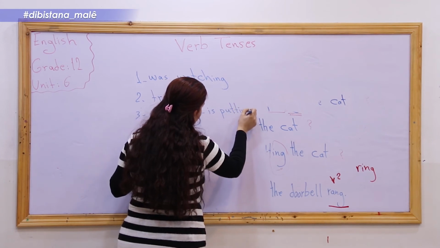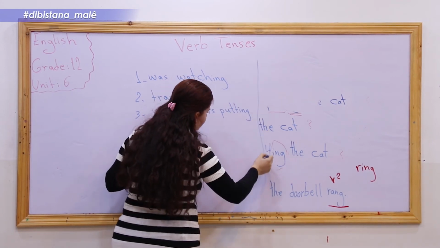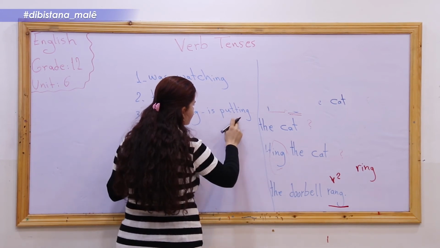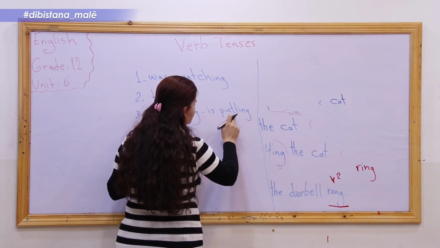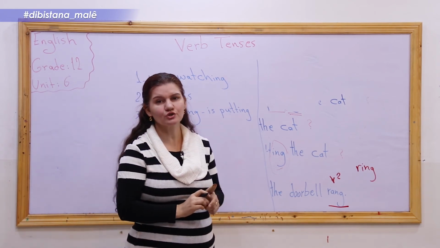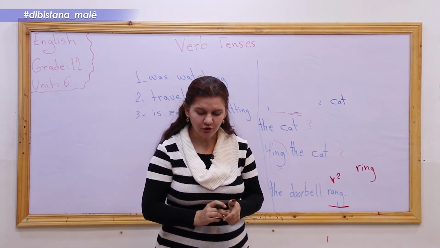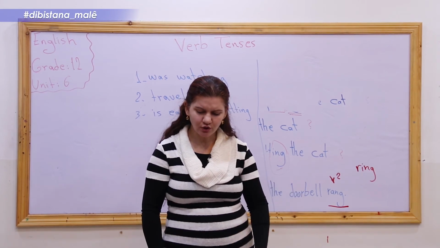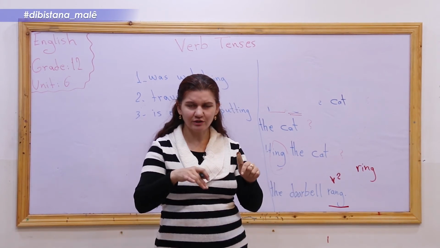If we have a short vowel between two consonants, we double the last consonant. Number 4: I break my leg while I was rock climbing.